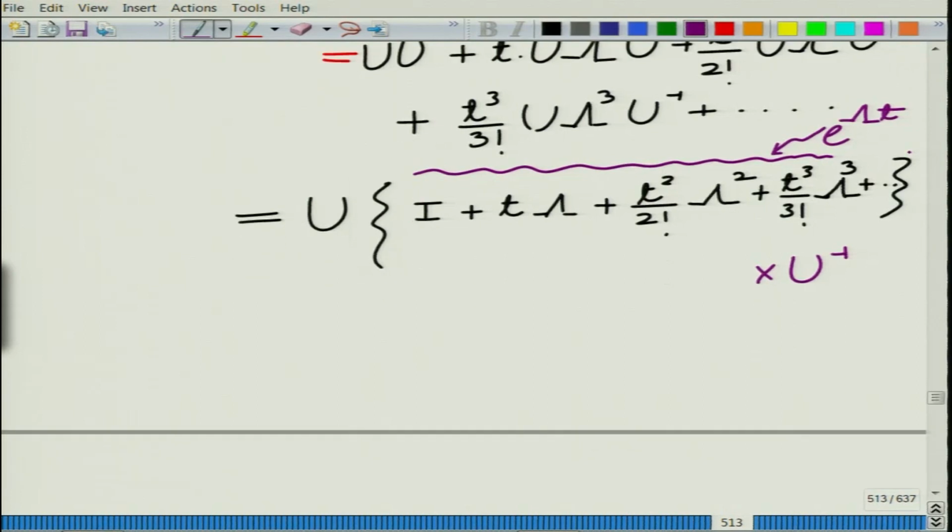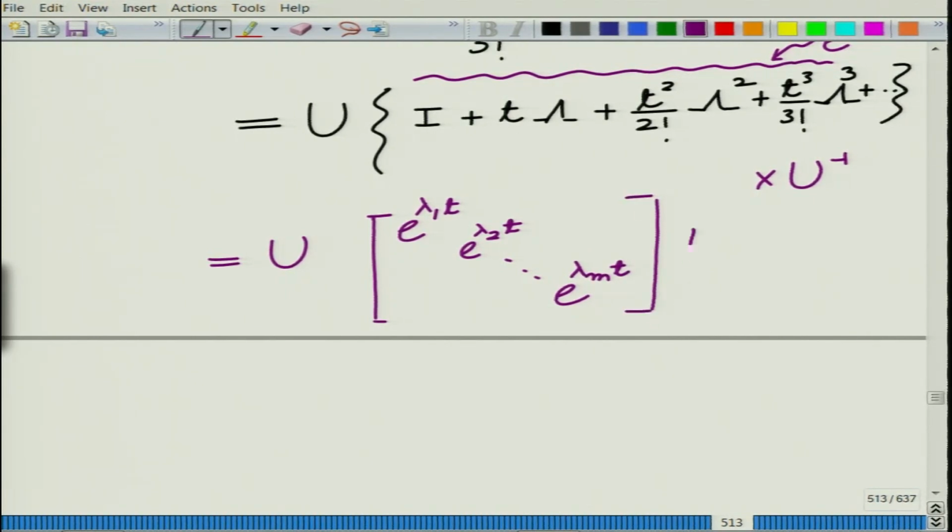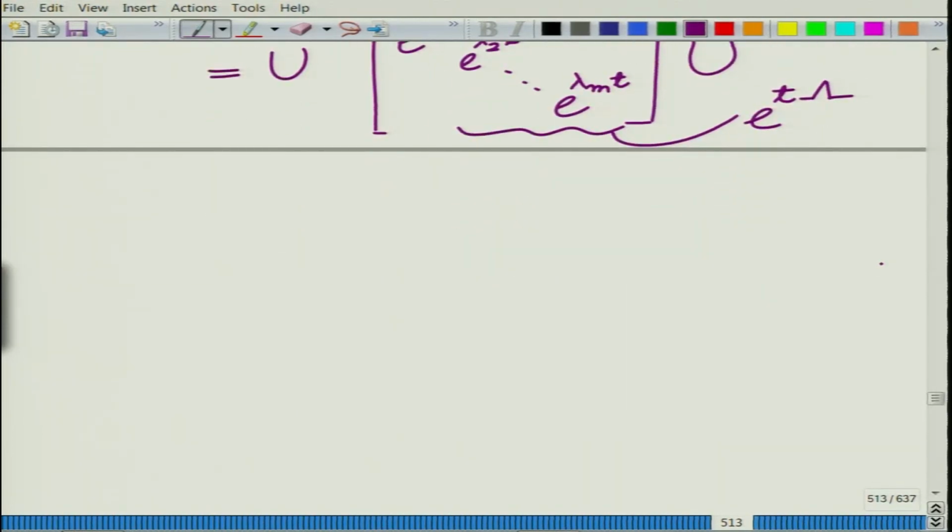What we mean by that is, this is simply U times the diagonal matrix with e raised to the power of lambda 1 t, e raised to the power of lambda 2 t, and so on, e raised to the power of lambda m t, times U inverse, which is e raised to the power of t lambda, where lambda is the diagonal matrix of eigenvalues.